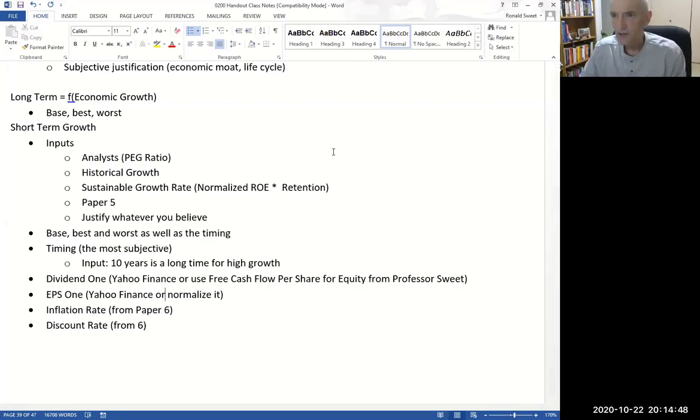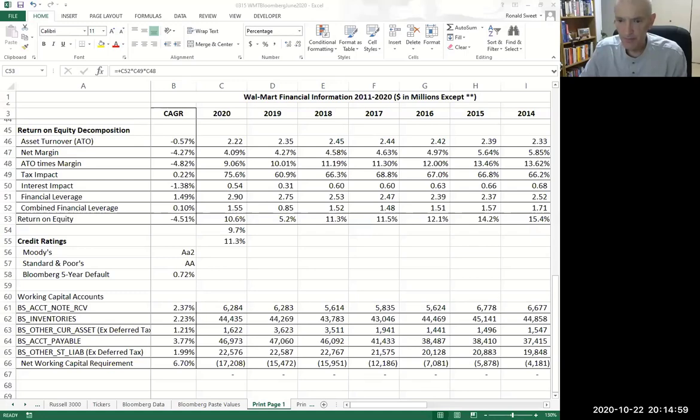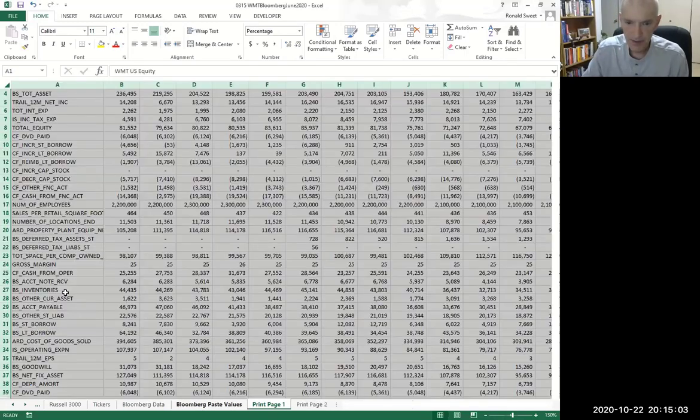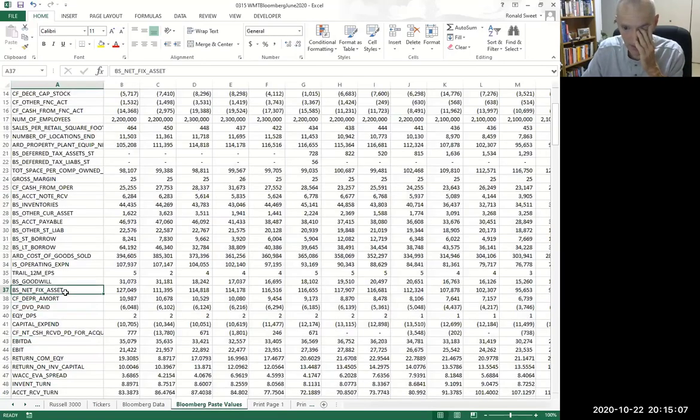So I can again show you how you can normalize. Let me show you Walmart again. On Walmart, if you go back to the PACE values for your company, you have earnings per share. You might have to write this down because it's hard to find, but line 35 is your earnings per share.